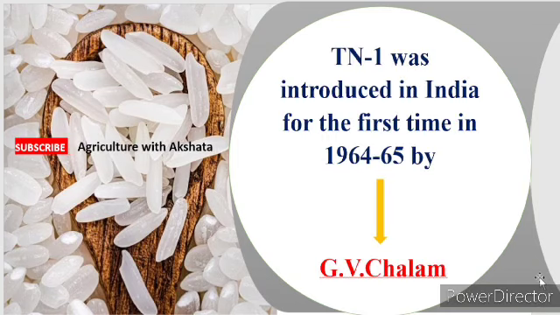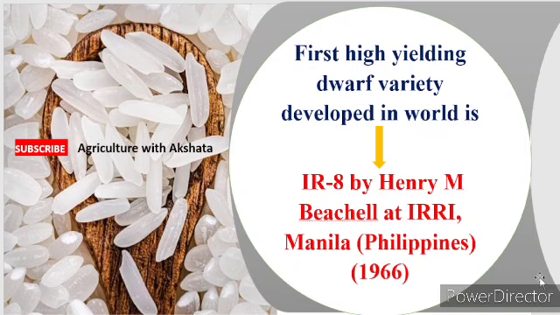The first high-yielding dwarf variety developed in the world is IR8 by scientist Henry M. Beachell at the International Rice Research Institute, Manila, Philippines in the year 1966.